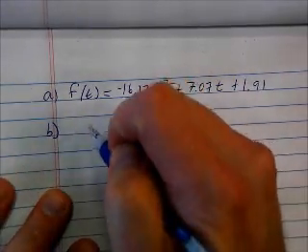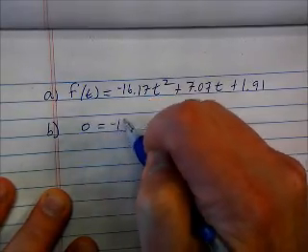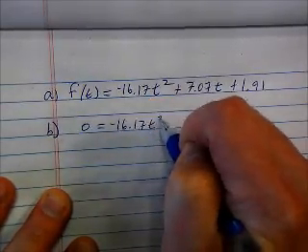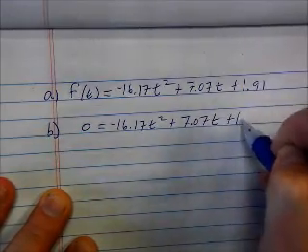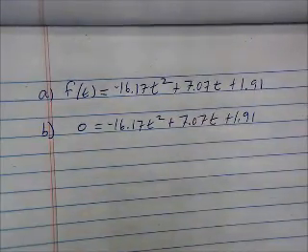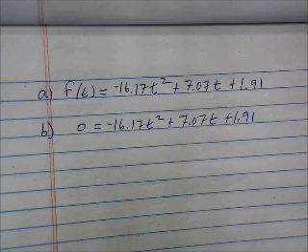So what they're asking us to do there is take 0 equals negative 16.17t squared plus 7.07t plus 1.91 and solve that equation. Find the t-intercepts means plug 0 in for y. In this case, we wrote the symbol f of t. How would you solve that equation?